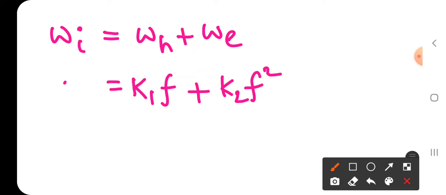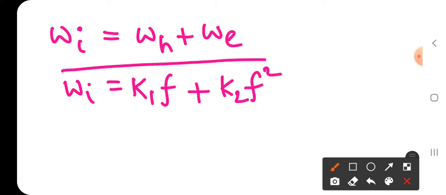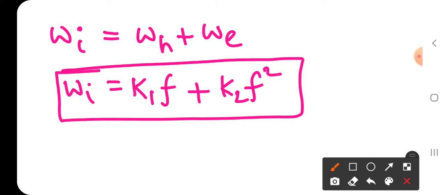That is, the iron loss of the transformer is a function of frequency, and this function is a quadratic function. This equation is a quadratic equation. This is how we have the loss in the transformer.